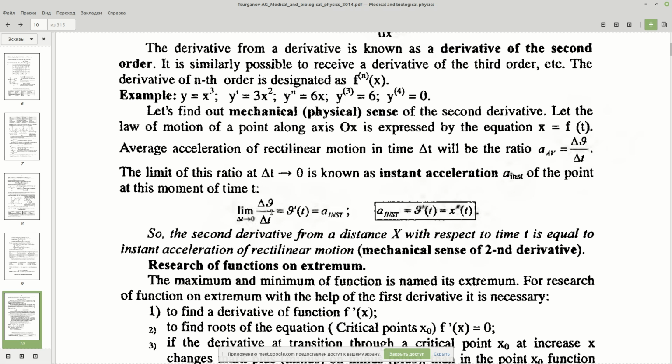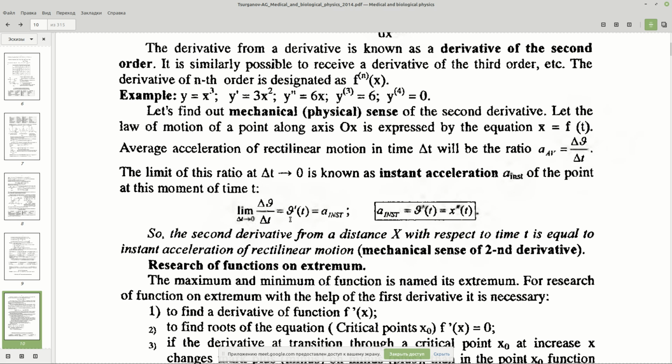Yes, instant acceleration, and this v prime of t equals the instant acceleration. The instant acceleration is the first derivative of velocity with respect to time, and the second derivative of the distance x. Yes, the second derivative, x double prime.